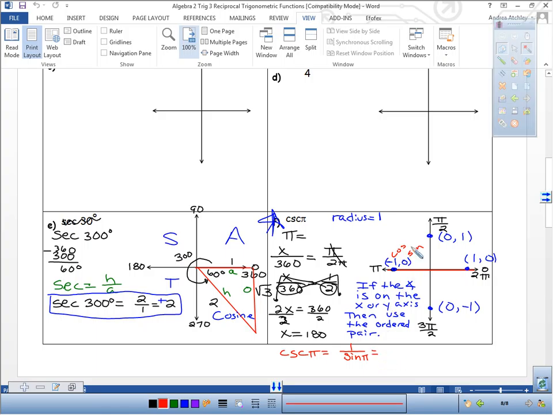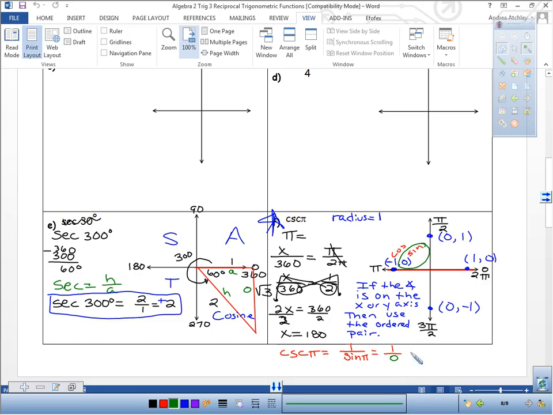And what's the sine of pi? Right here we have it, right? What's the sine of pi? 0. Is 0 in the denominator okay?